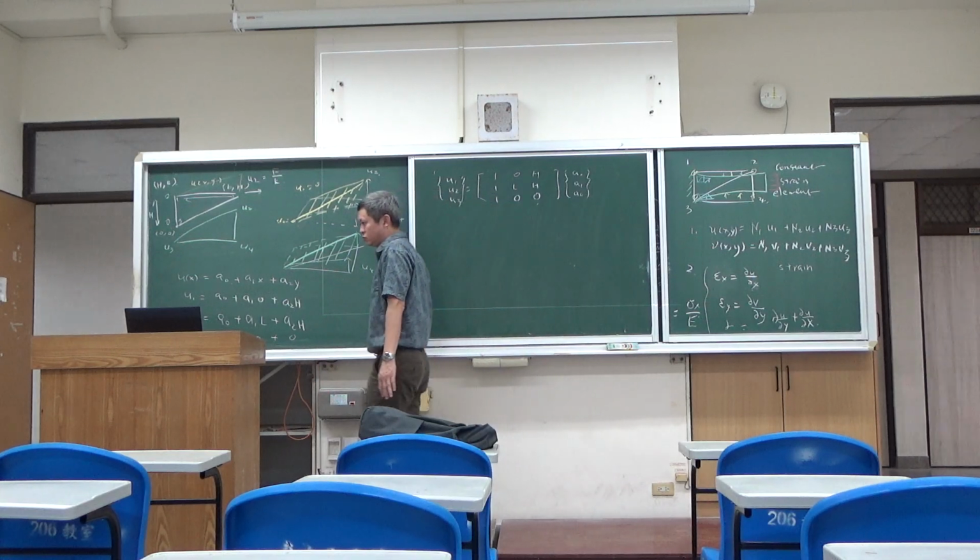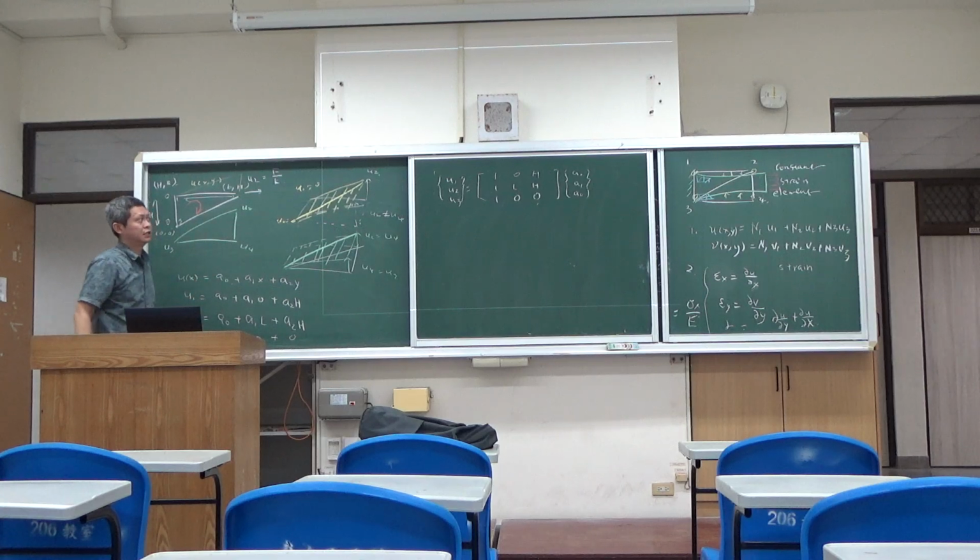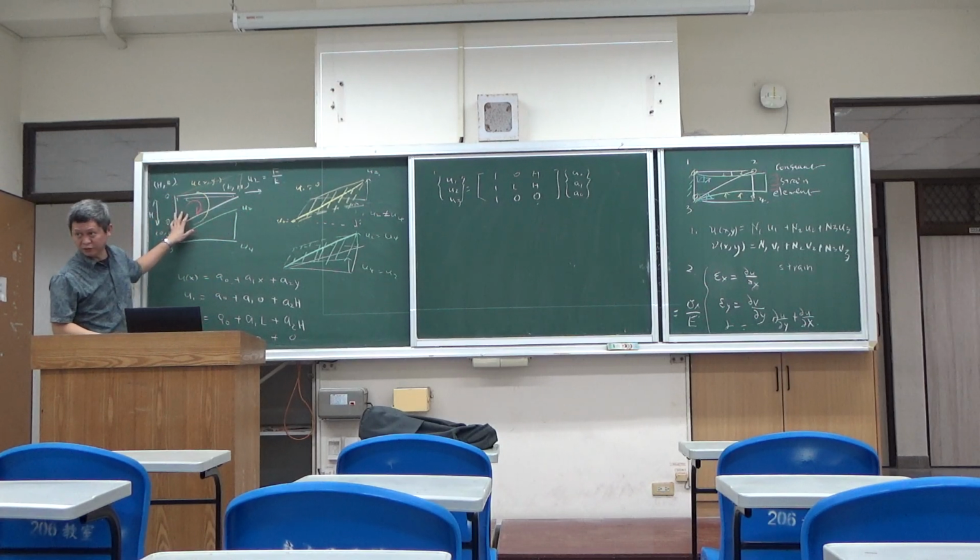The sequence you are doing now is something like this. That sequence is different from the other way around. If you do the other way around, you're going to have a different sequence. Anyway, I just use this sequence.